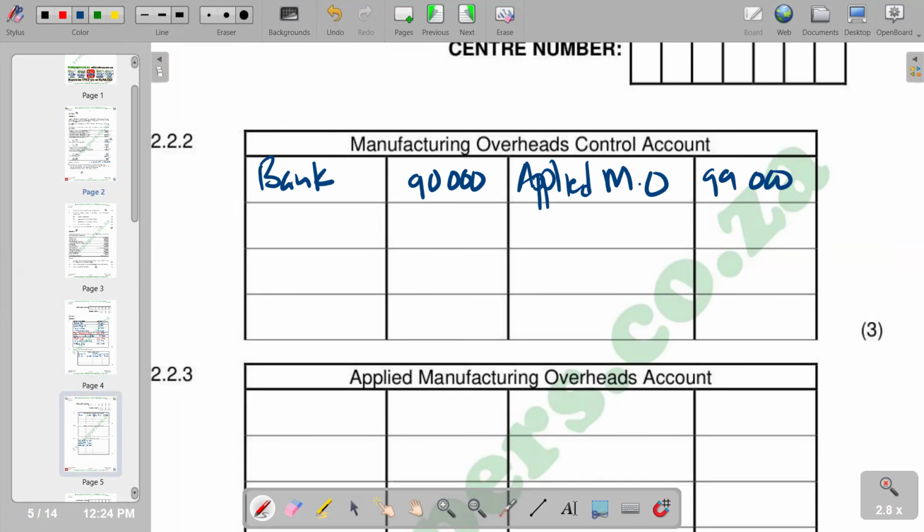So remember, we also have the applied manufacturing overheads control, which we are supposed to also debit with the amount that we got here. So we are saying manufacturing overheads, which we are given as 99,000.